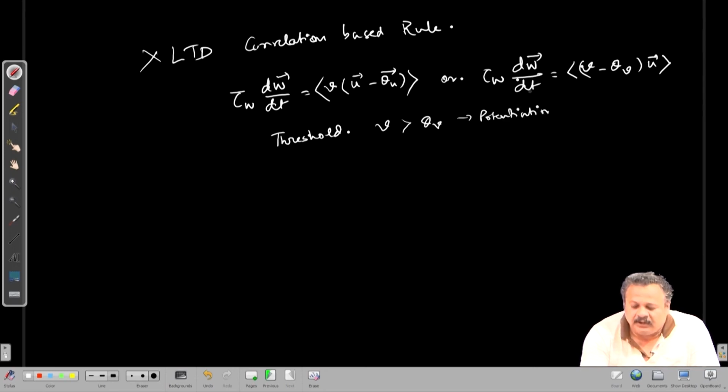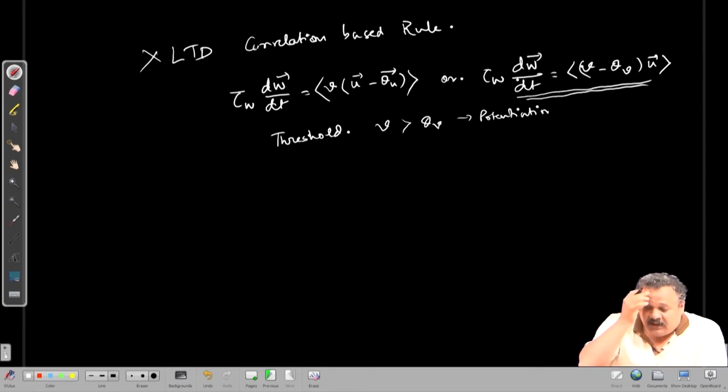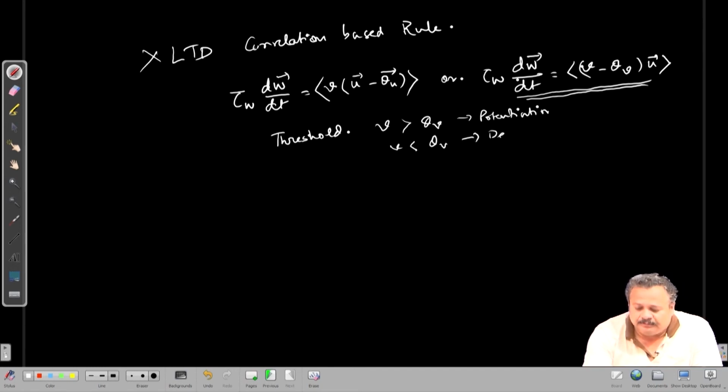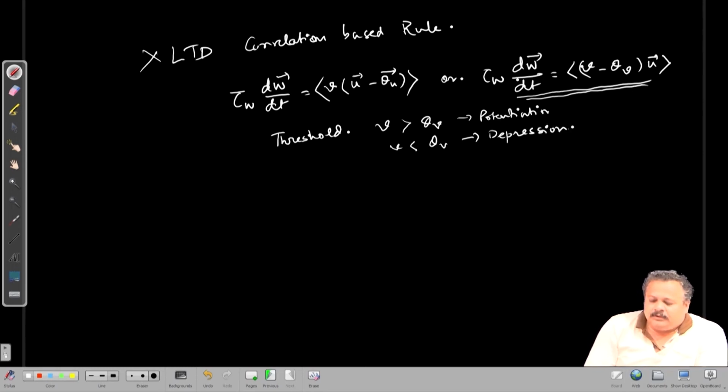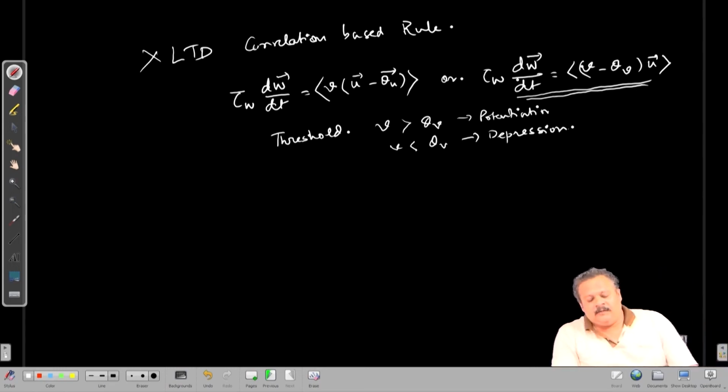So, I am talking of the second form, which is this one, and when the output is lowered below the threshold, we get depression. So, with this we are getting the possibility of potentiation and depression.